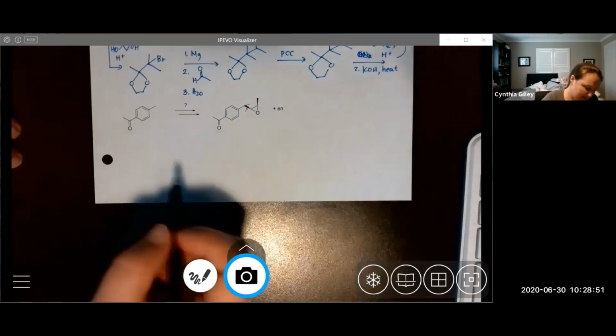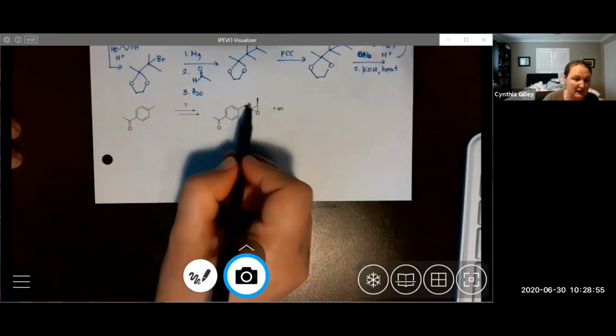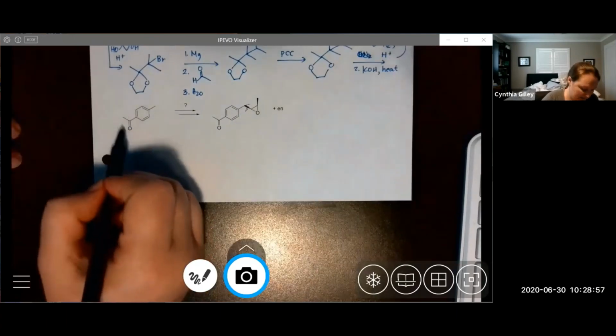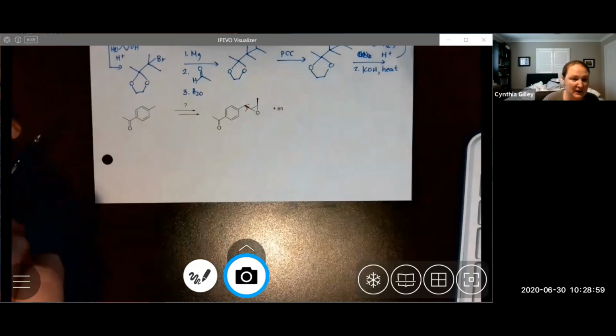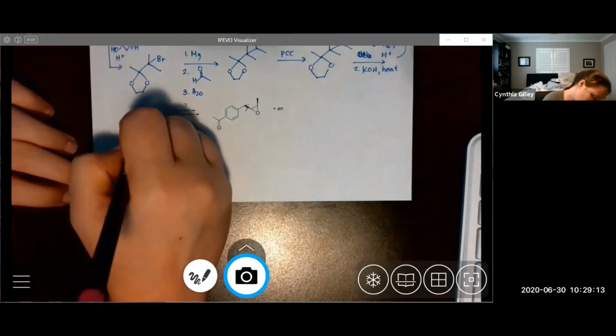But any sort of carbon-carbon bond forming reaction here, you should think about, do we need to protect the ketone? Depends on the type of carbon-carbon bond forming reaction you want to do. If you're going to utilize a Grignard, then you do. If you're going to utilize an alkynide ion, you don't.